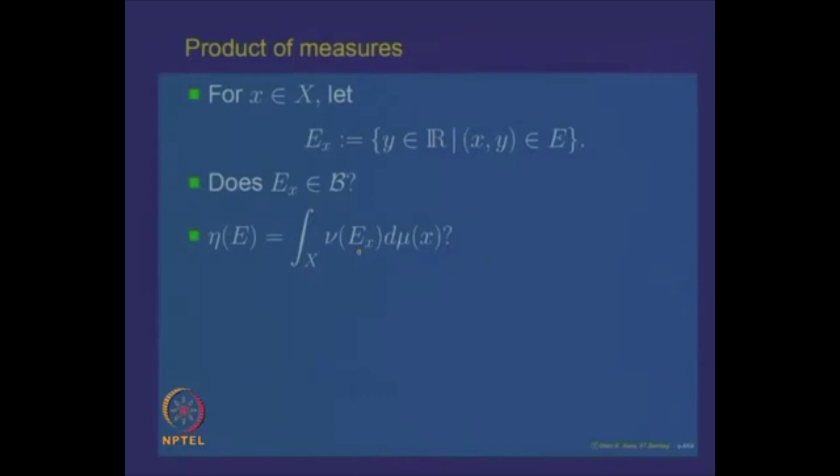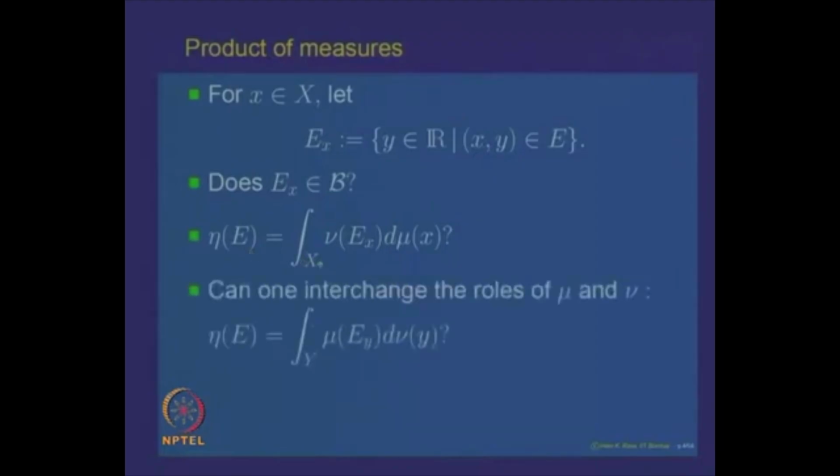The question is, is that a measurable function of x? If it is measurable, we can define its integral with respect to mu and then ask whether that is equal to the product measure of E. And similarly, can we interchange the role of x and y? These are the questions we want to analyze.